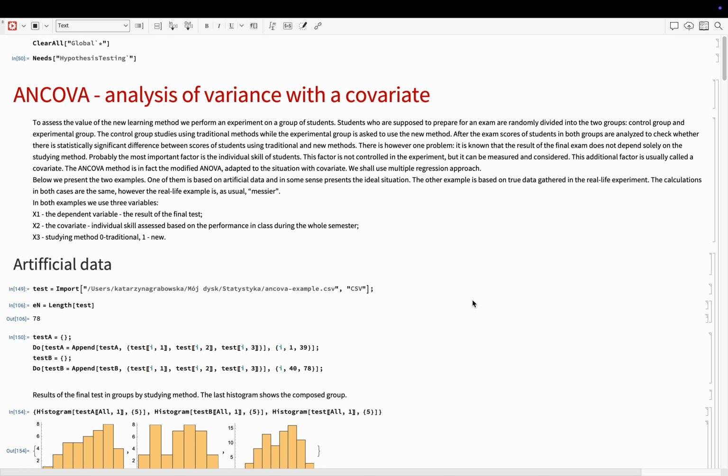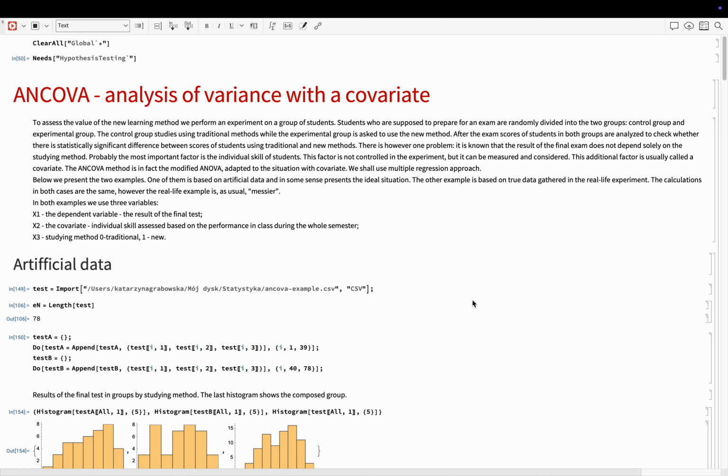For example, if students gather some points during the whole semester, then the number of points can be used as a covariate. The assumption is that a covariate is related linearly with the dependent variable.